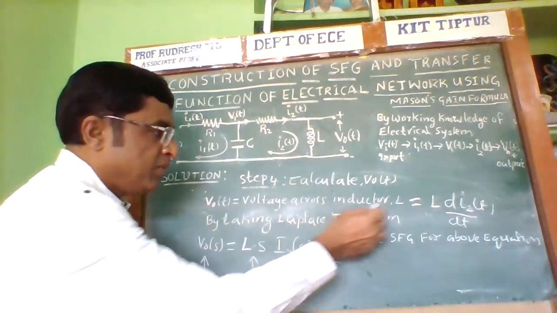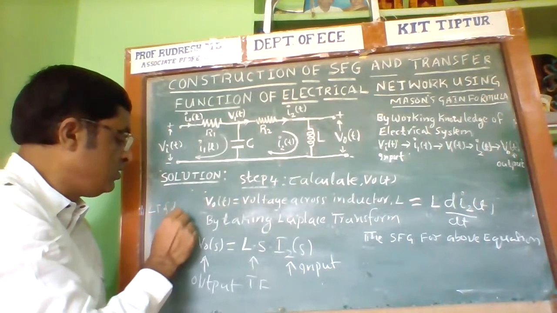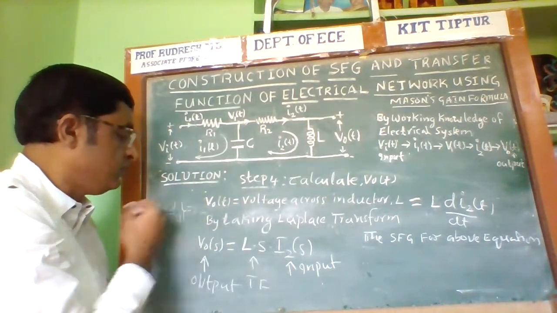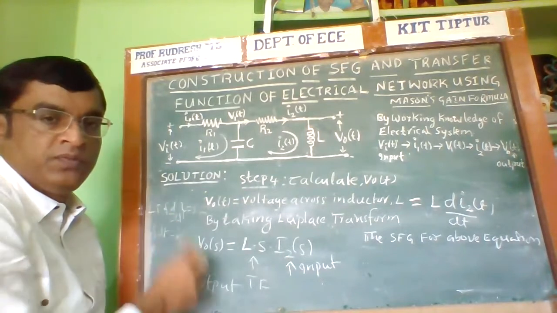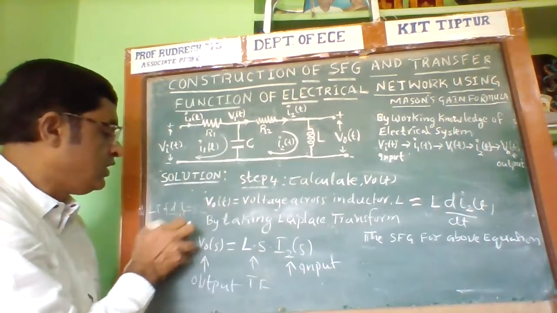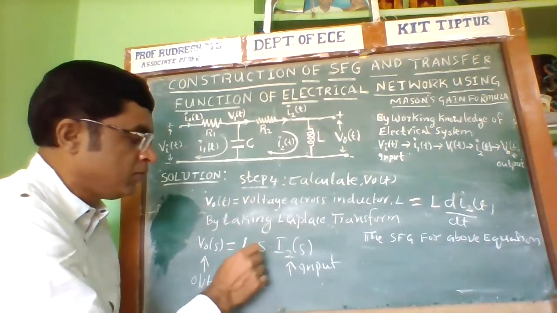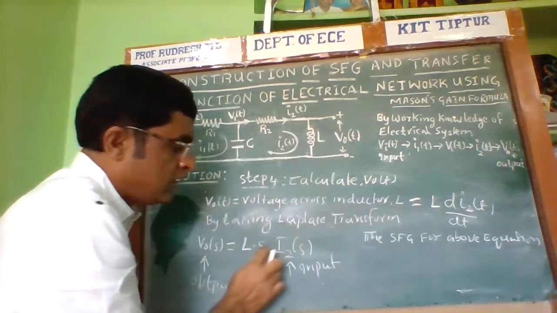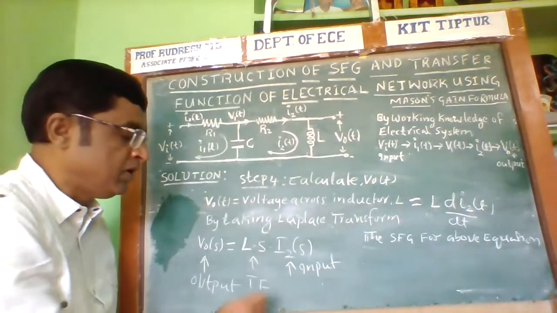The Laplace transform of d by dt is s, and the integral corresponds to 1 by s, which is the standard relation. So the Laplace transform of I2 of t becomes I2 of s.